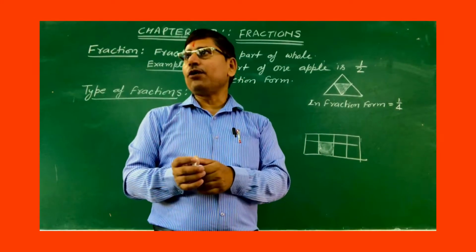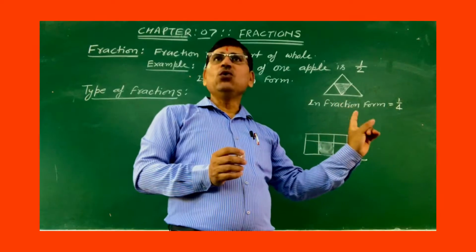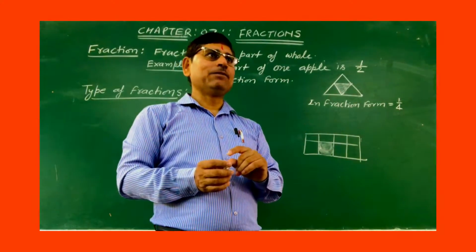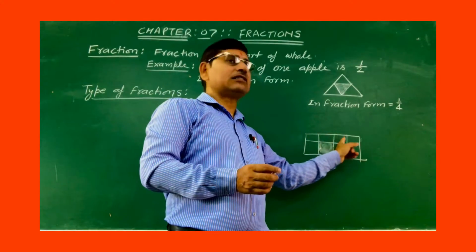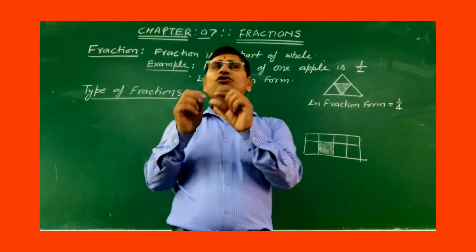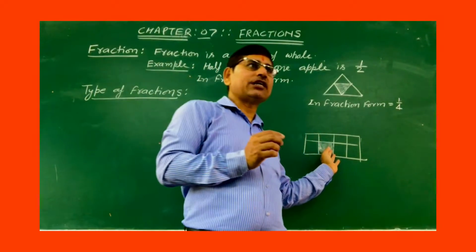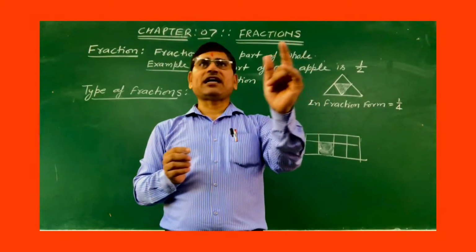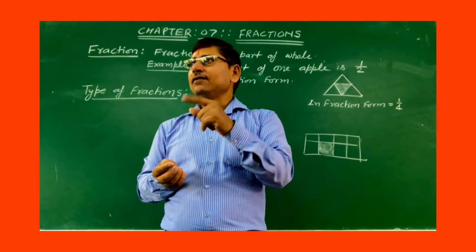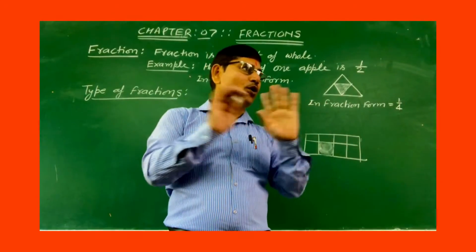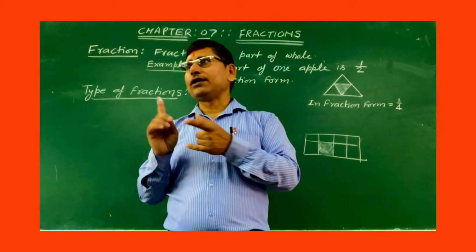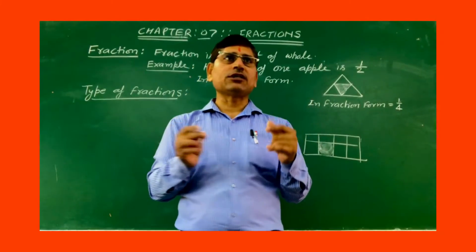So the fraction form is? 1 by 8. No, this is not 1 by 8, because all parts are not equal, so you cannot represent this shaded portion in fraction form. Clear?